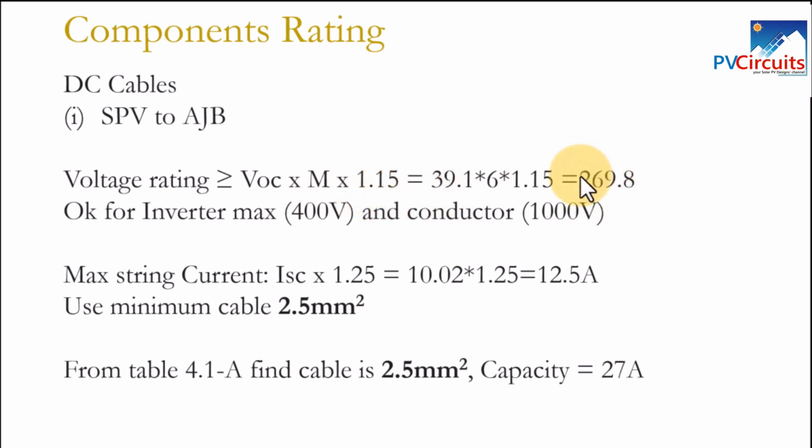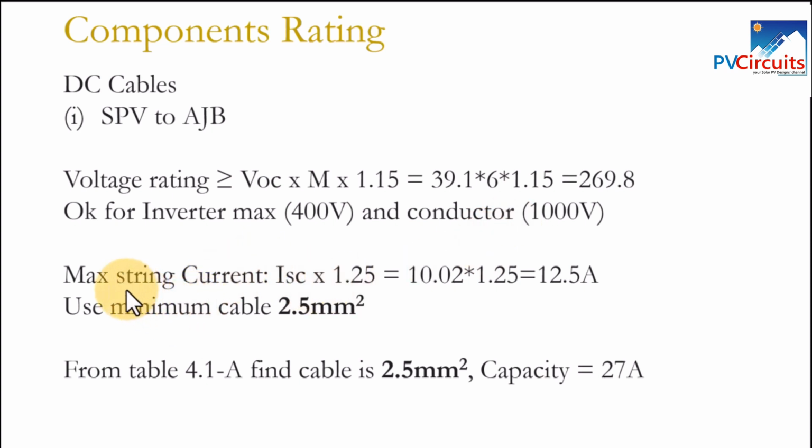This should be rated at 269, but we know that the cable is rated at 1000 volts DC, so we are okay with this voltage running into the system, and also the inverter maximum is 400, which is greater than what we've calculated. So that is fine for the inverter and it is fine for the cable.